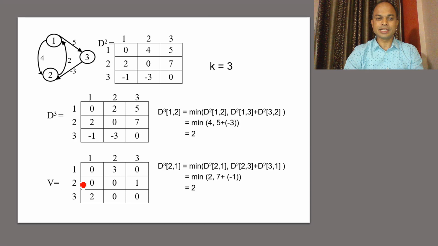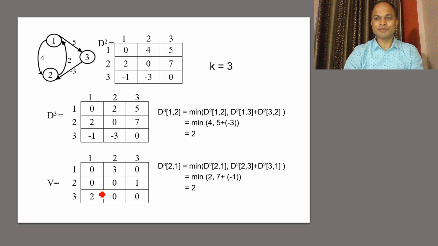This particular table tells us what intermediate vertex we have involved. I mean, distance from 1 to 2 is 2 and the intermediate vertex was 3. Similarly, distance from 3 to 1 is minus 1, and in this case the intermediate vertex was 2.